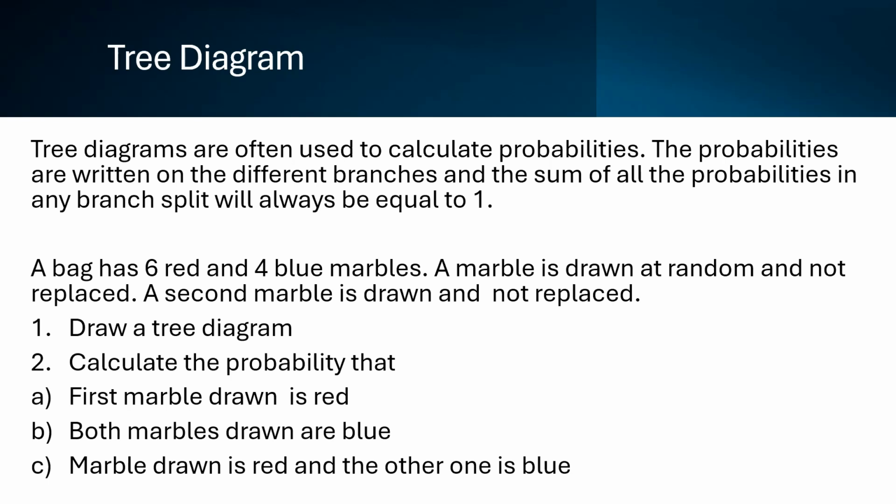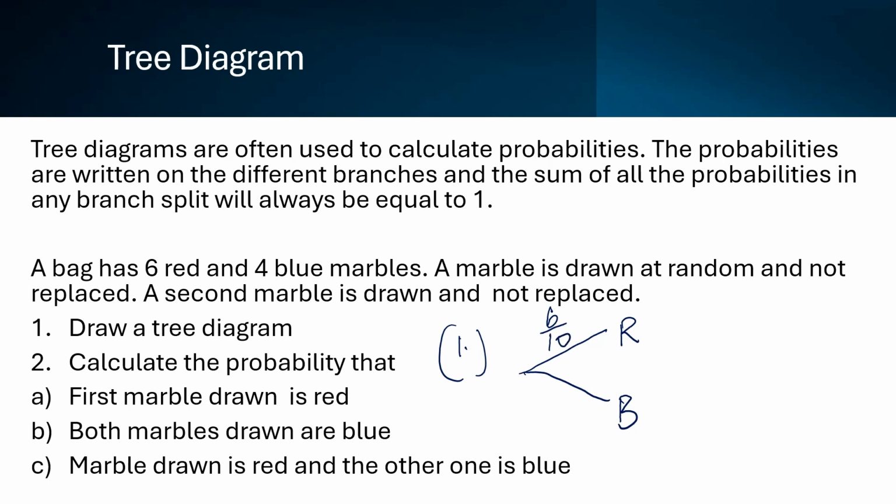So to sketch the tree diagram for number 1, I'm just going to put the branches there. I'm going to use R for red and B for blue marble. What's the probability of taking a red marble? It's 6 out of a total of 10, because 6 plus 4 is 10.